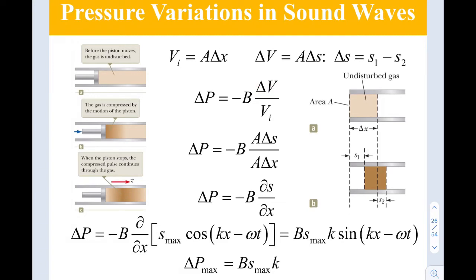So delta V here is A delta S, and V initial here is A delta X. From here, you can simplify the equation to become delta S over delta X. Because this is a very small portion compared to the whole, we may also replace the change with the partial differentiation, because partial differentiation means that we are focusing on a specific region, or a specific small time.